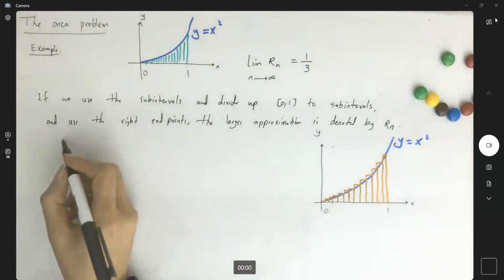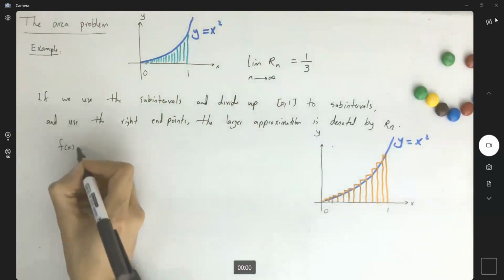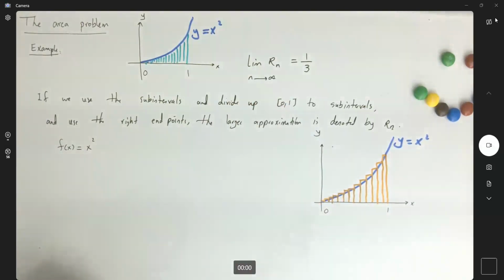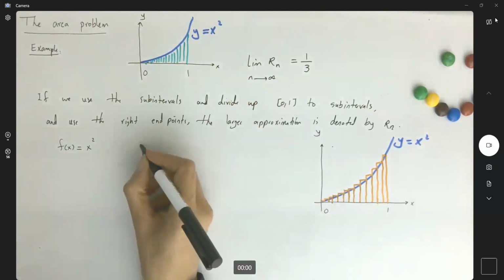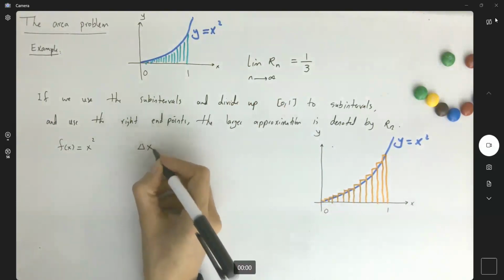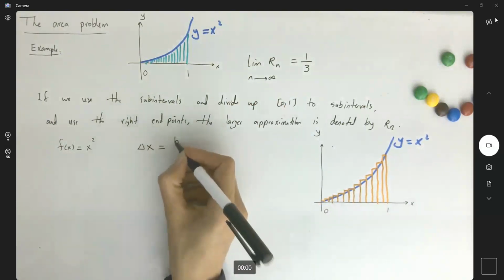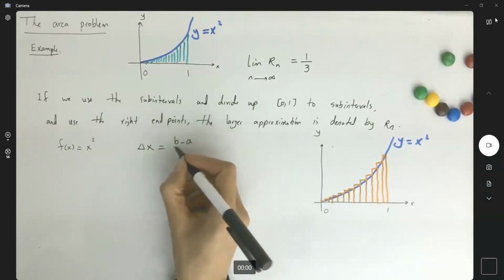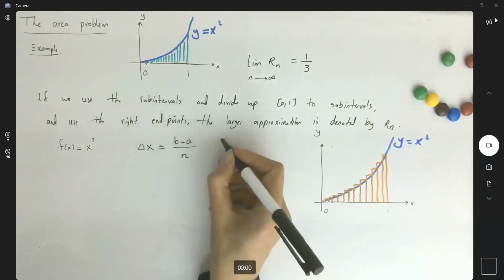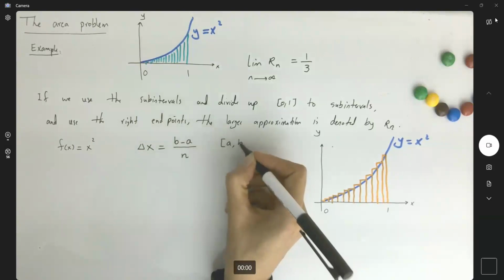So note that your function f of x is equal to x squared. We have sub-intervals on the right. What's the length of the sub-intervals? Delta x is defined as b minus a divided by n. What is a? What is b?